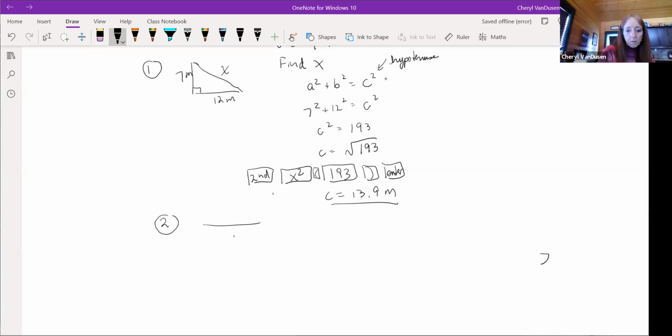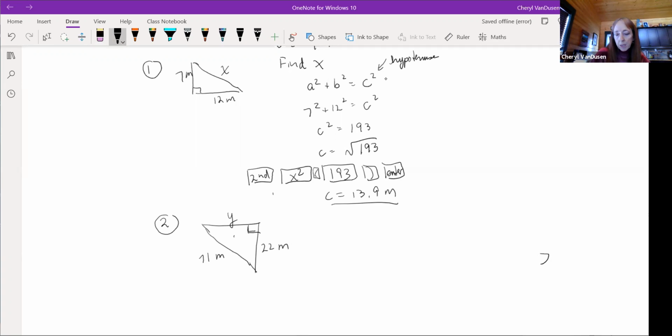Again, I think I'll draw my triangle all wonky. Give us a bit of practice in that. So there's my right angle. And say we're given that this is 71 meters. And this is 22 meters. And we're asked to find y, say in this case.